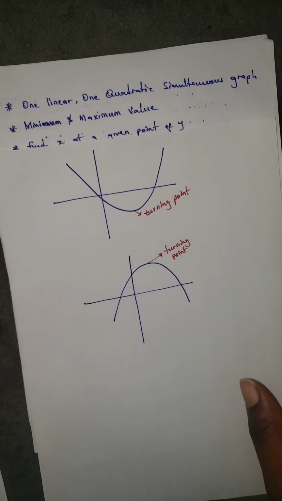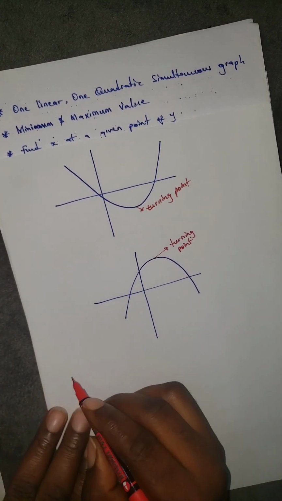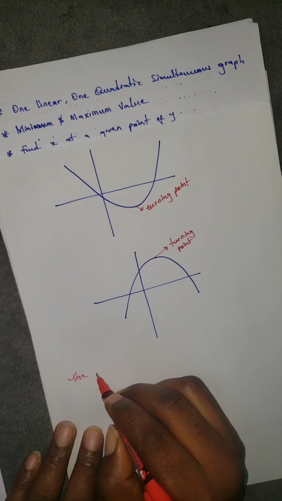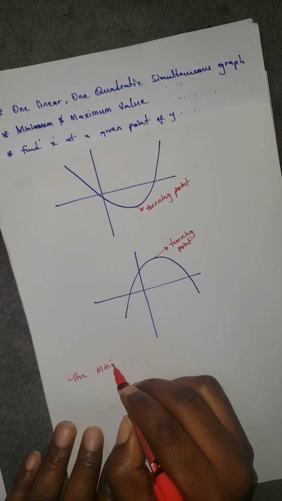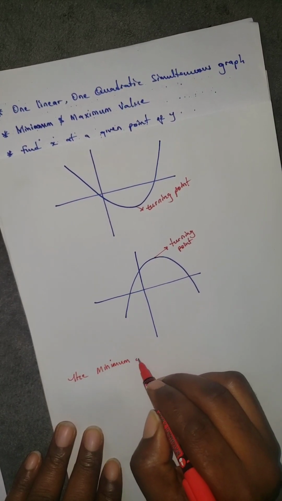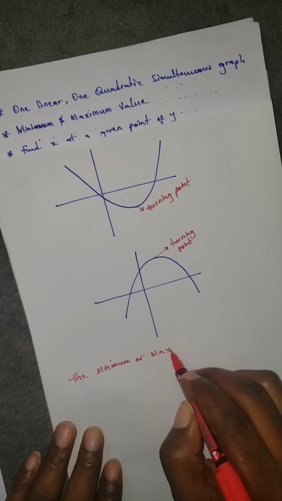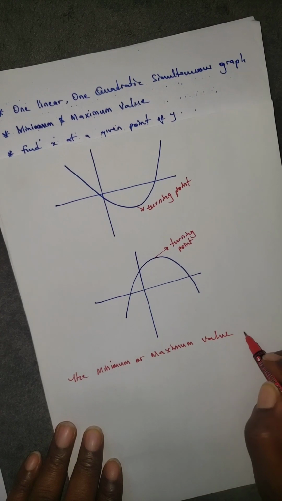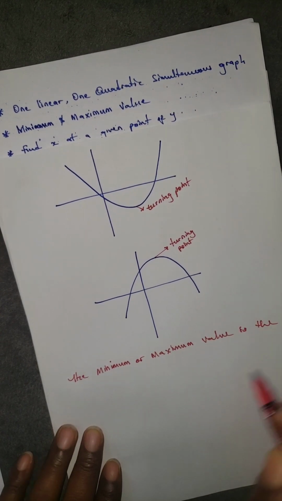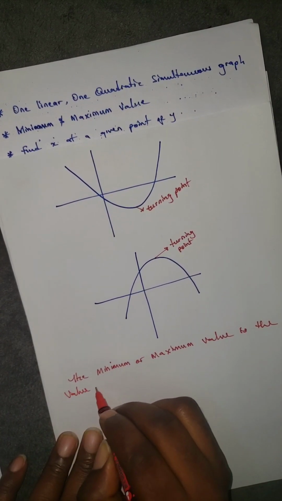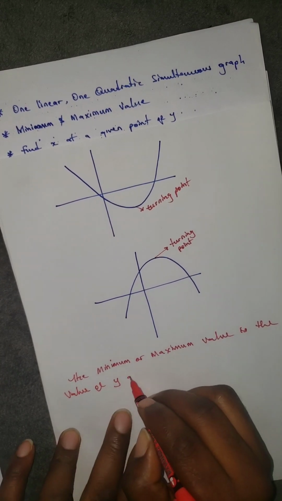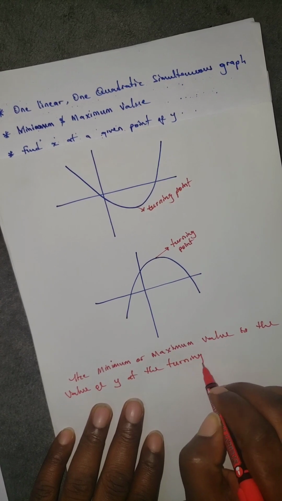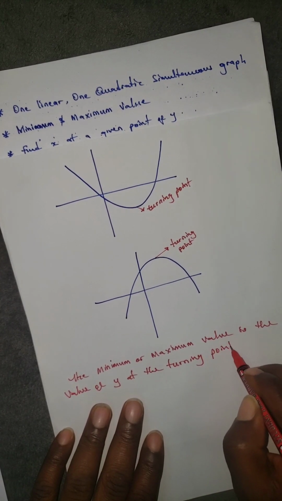So what can we conclude from that? The minimum or maximum value is the value of y at the turning point.